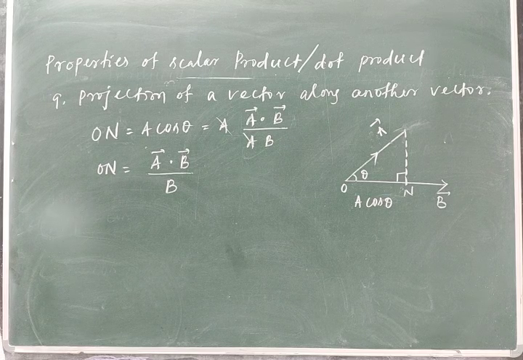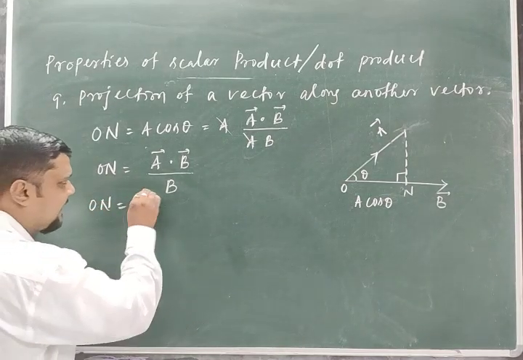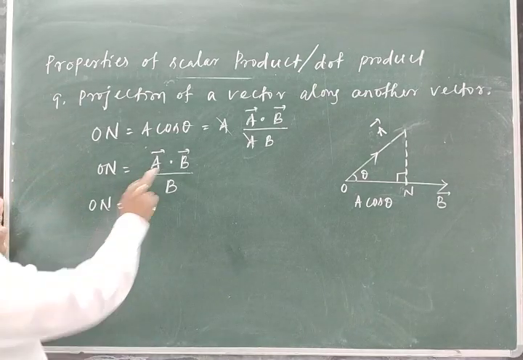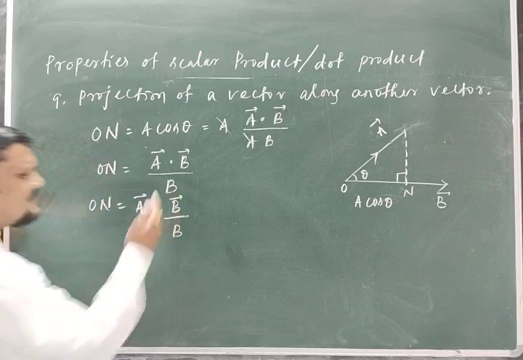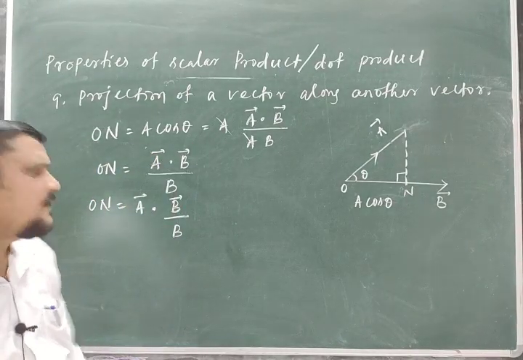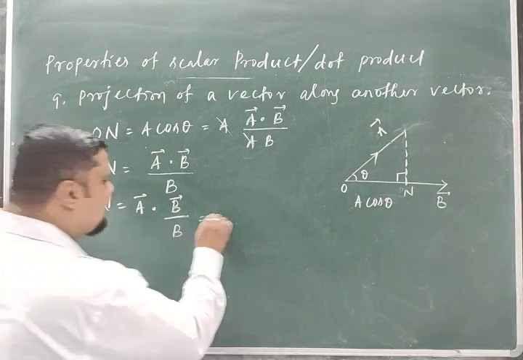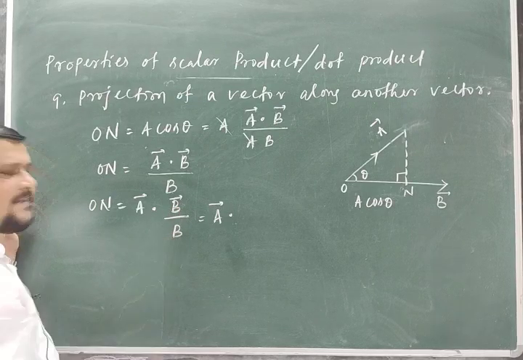Done. What will I write here? I can write this projection as A dot, then B vector divided by magnitude of B. This is a scalar, so you can divide with A or with B. So this can be written as the A vector dot the B vector divided by its magnitude.